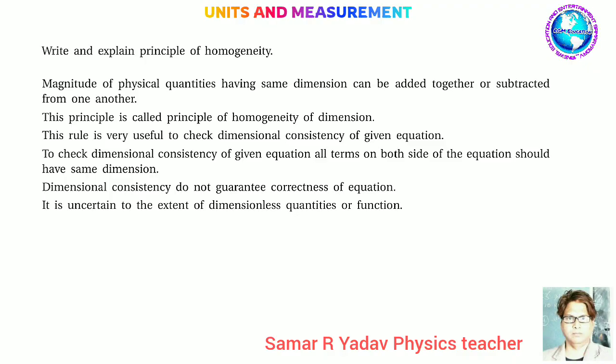To check the dimensional consistency of a given equation, all terms on both sides of the equation should have the same dimension. Dimensional consistency does not guarantee correctness of an equation. It is uncertain to the extent of dimensionless quantities or functions.